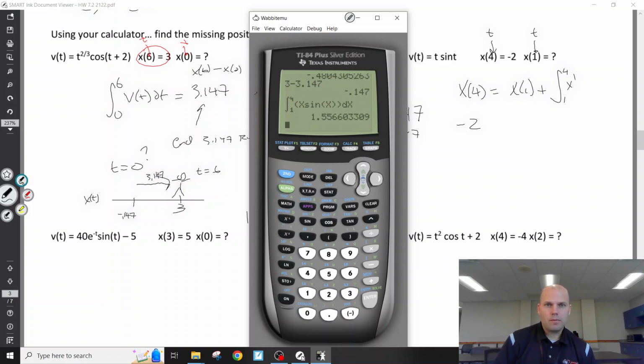Bummer. Okay, well, this is telling me I ended to the right 1.556. Since I ended to the right of where I started, and I know that I ended at the position of -2, go to the left 1.556, and you know you'll have to come from -3.5.